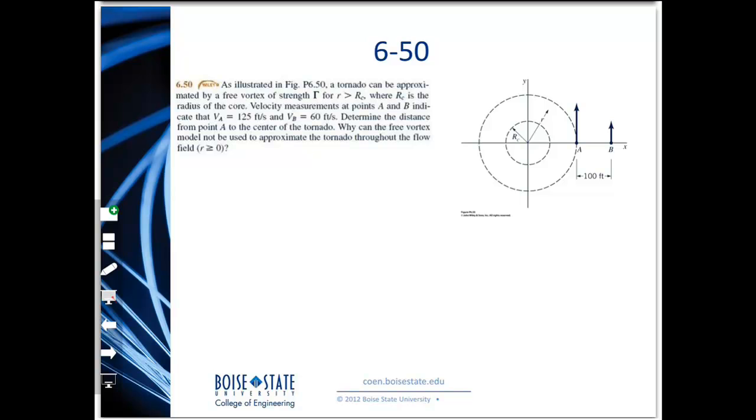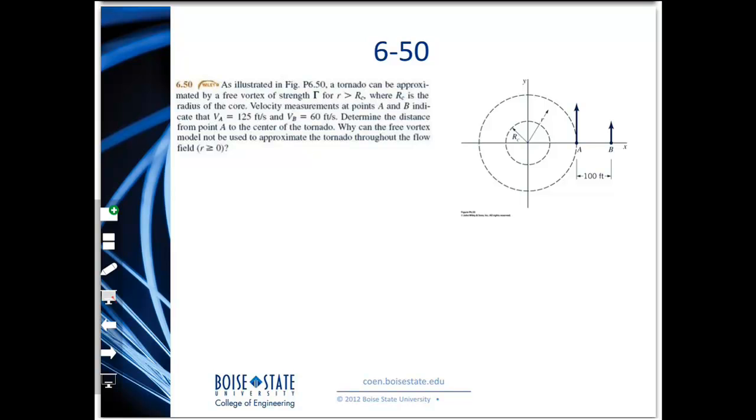So problem 6.50 from your book. As illustrated in the figure, a tornado can be approximated by a free vortex of strength capital gamma for r greater than rc, where rc is the radius of the core.